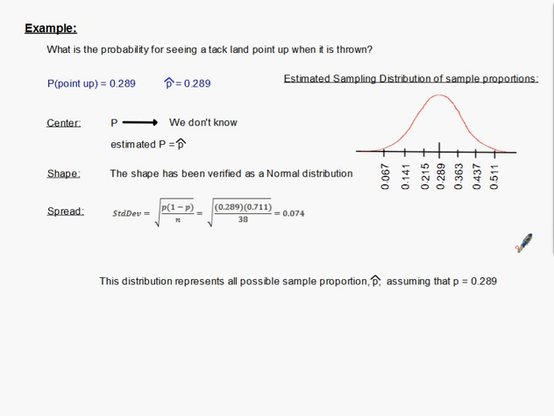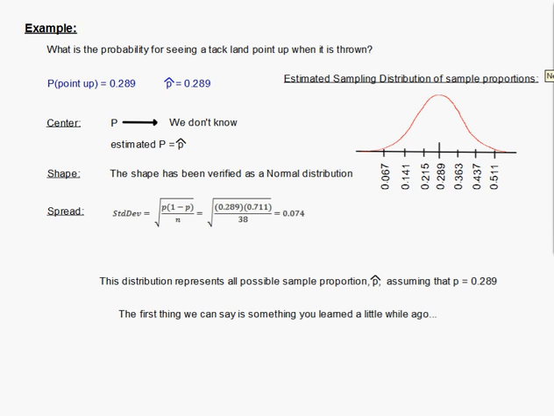Let's remind ourselves that this distribution represents all possible sample proportions, p hat, but this is assuming that the true, or the center of the distribution is 0.289, which we're actually pretty sure is not the case, but that's why we're using an estimated distribution.